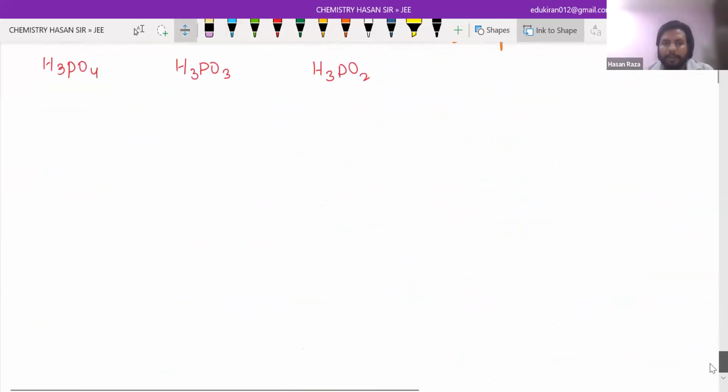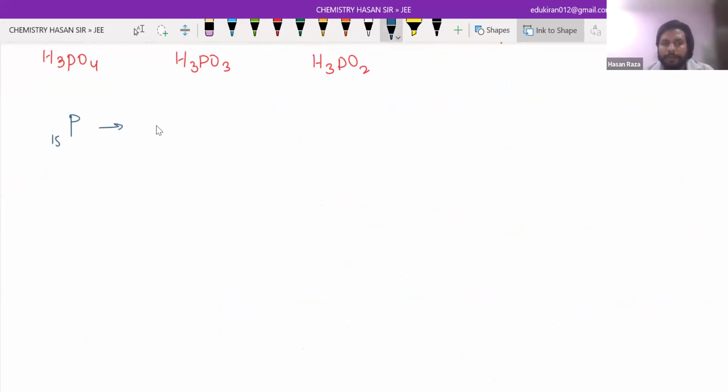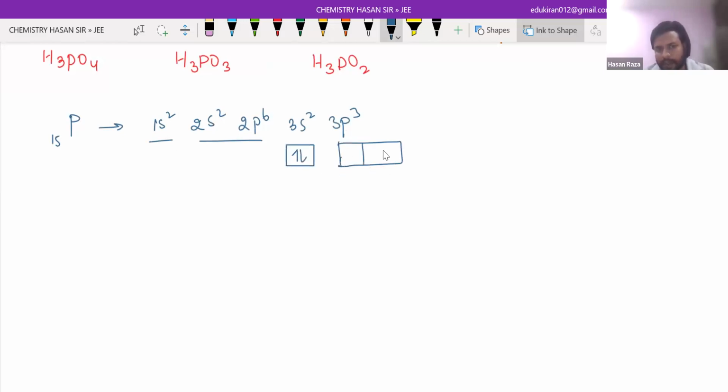Let me take an example of phosphorus. If phosphorus is there, 15 is the atomic number, and this is your configuration: 2p6, 3s2, 3p3. This will not participate, this will also not, but this will participate in bonding. And if you know that the third shell is there, 3d is also there.